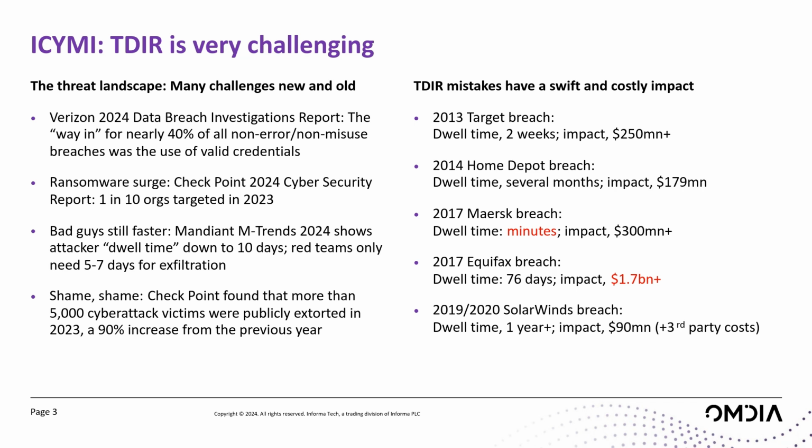This isn't necessarily a new trend, but the latest way they spin this data is that the path in for adversaries into organizations, 40% of the time for non-error, non-misuse breaches, so two out of every five breaches that don't involve someone fat-fingering the wrong key or a malicious insider, involves the use of valid credentials.